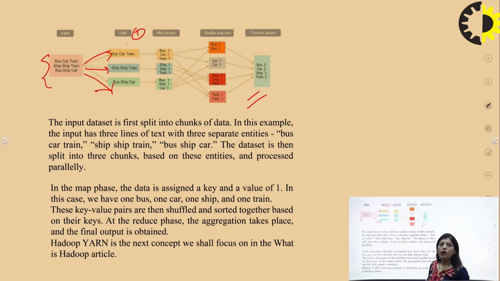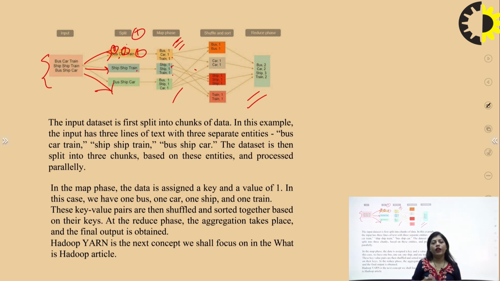After that, we map from that data the same type of data. For example, bus, car, train: the quantity of bus is 1, car is 1, and train is 1. Likewise for ship, train, ship, train, bus, ship, car.